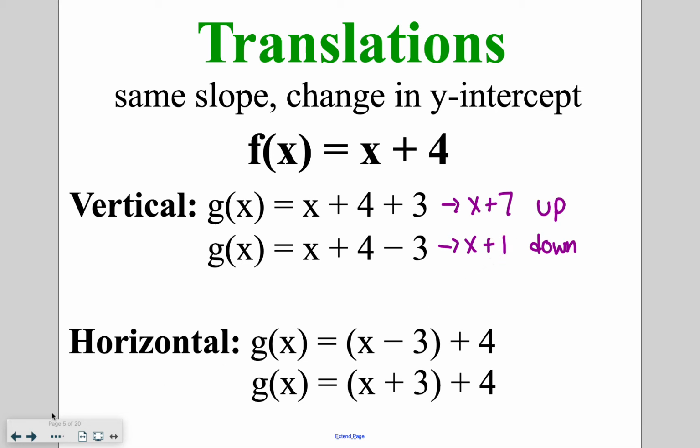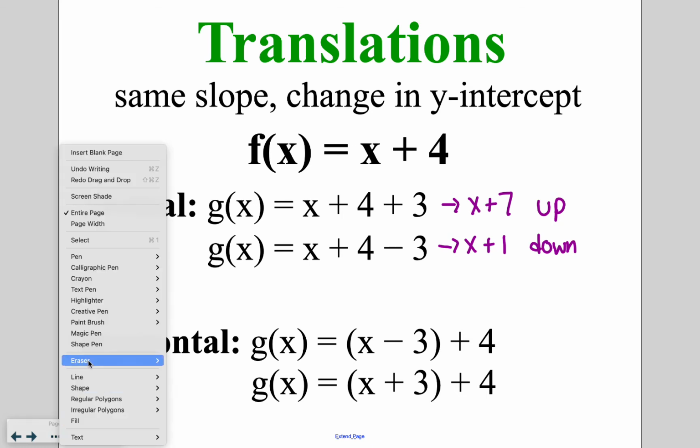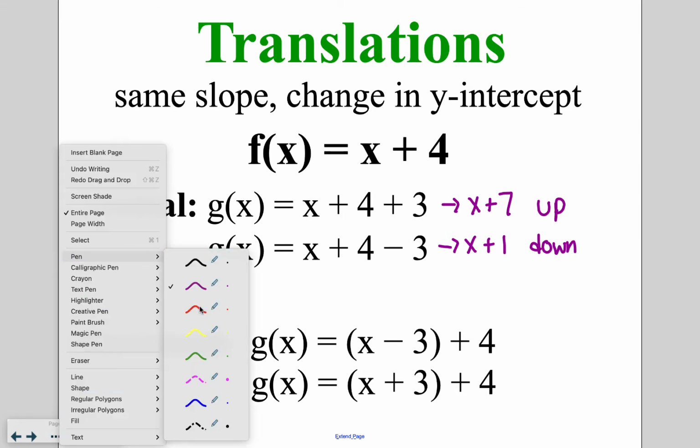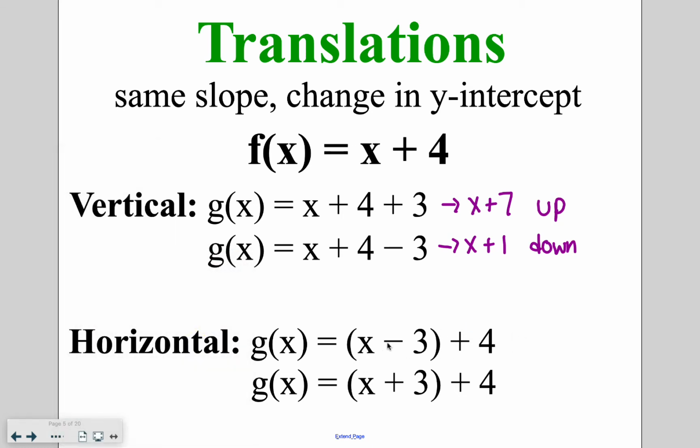The horizontal translations are moving it with relation to x, so in the middle of the problem. Notice when I simplify this one, x minus 3 plus 4 still gets me to x plus 1, but this is moving our function to the right.